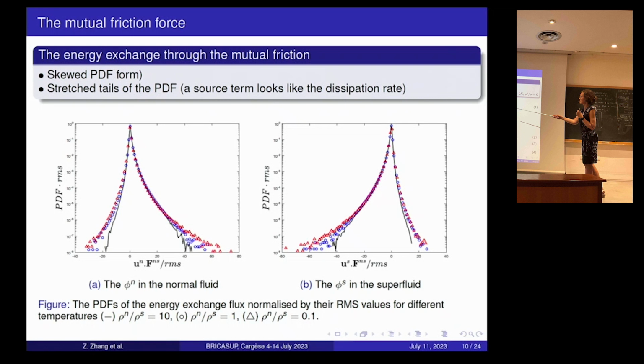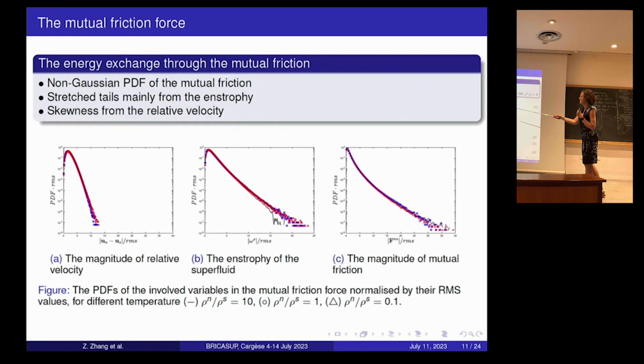And we see that for the energy exchange through the mutual friction, there are a lot of positive values, so energy will be received by the normal fluid and energy will be provided by the superfluid. So again, the same message, but it is emphasized through the shapes of the PDF of the energy exchange. And the PDF of the energy exchange is represented here.